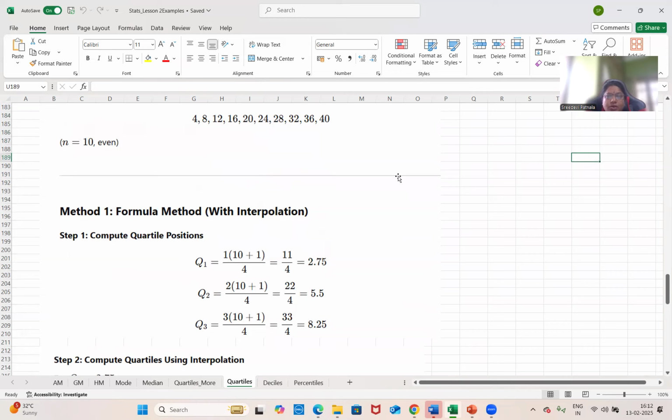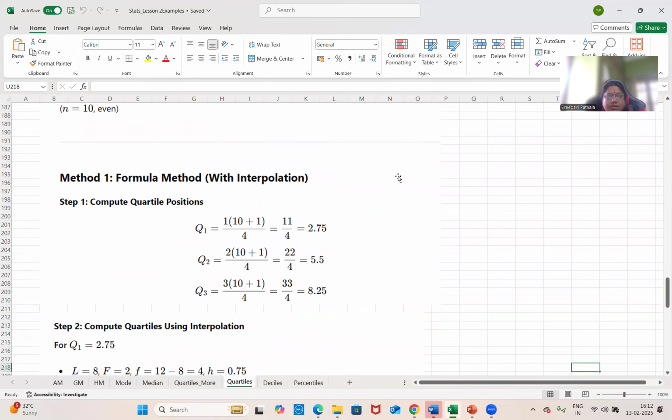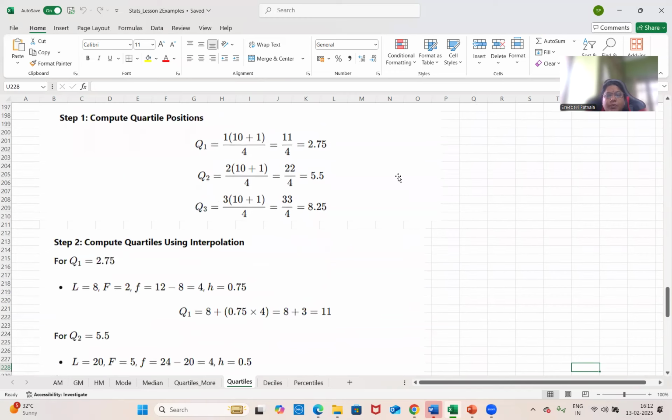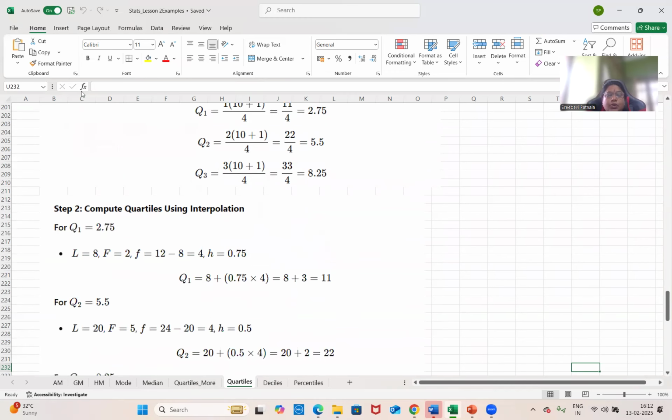So now you have the values, and you just substitute them. Now you know how you substituted previously. For 2.75, 2 becomes your capital F, 0.75 becomes your h, and small f is the value at the position, which lies between 8 and 12, almost the second to third position. So 12 minus 8 becomes small f, and L becomes the lower value, which is 8. Substitute the values using the calculator and get the values.